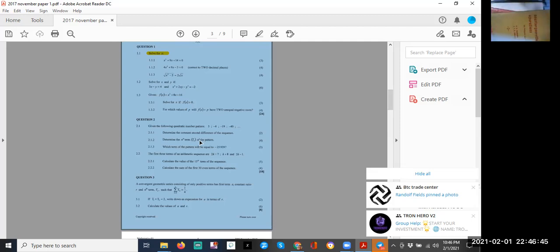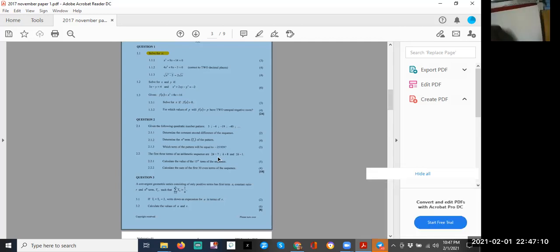So we move to the first term of an arithmetic sequence. It says the first 3 terms of an arithmetic sequence are these. Here you have variables, so we need to do something.